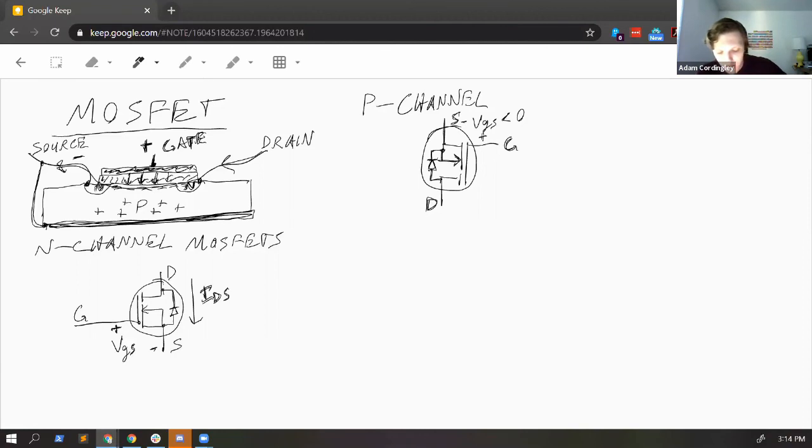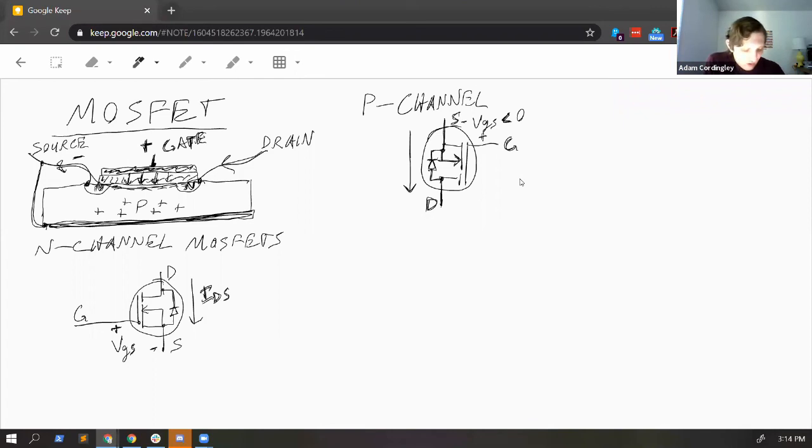And the more negative VGS, the higher the current from source to drain. Usually you express it as a negative drain source current, which is kind of goofy, because obviously if you draw it this way, where you say it's source drain current, then it's a positive current. It's just conventions.